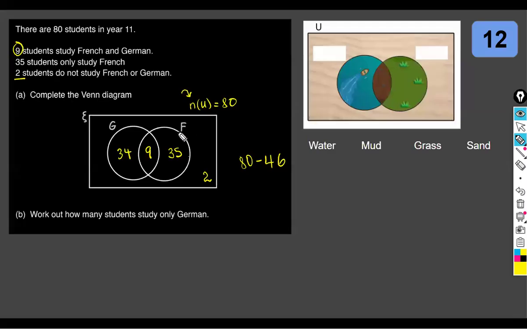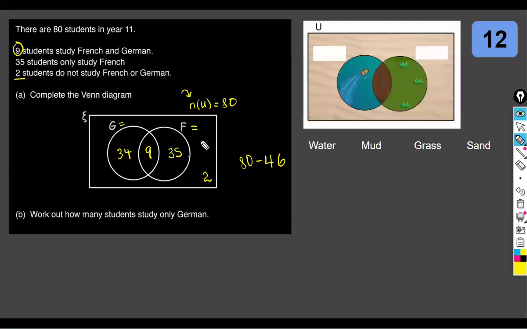Anybody want to tell me, it's proper practice that you put a value outside. So what value do you think you should put outside for the French and German circle? Remember, when we put in a value outside, it represents the whole circle. So the French circle comprises the 9 and the 35.